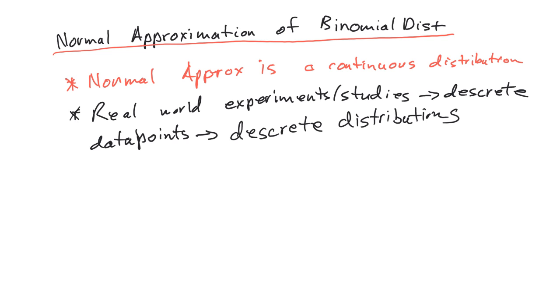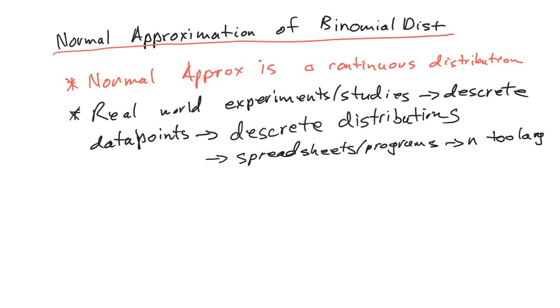Now, basically, these discrete distributions are ridiculous to calculate. Often when you do these, you end up using spreadsheets to do the calculations for the discrete distributions, right? Or programs that you create. Because sometimes the number n is too large, right?